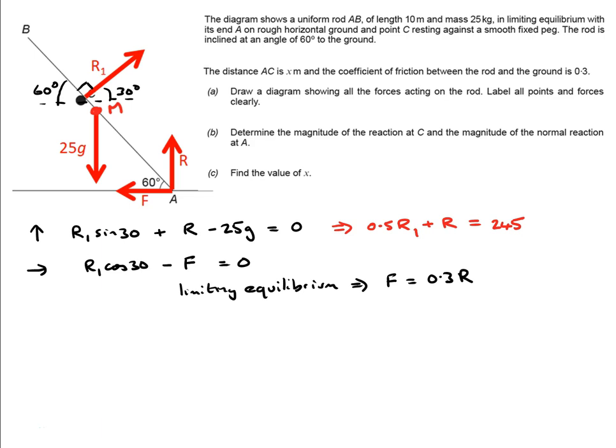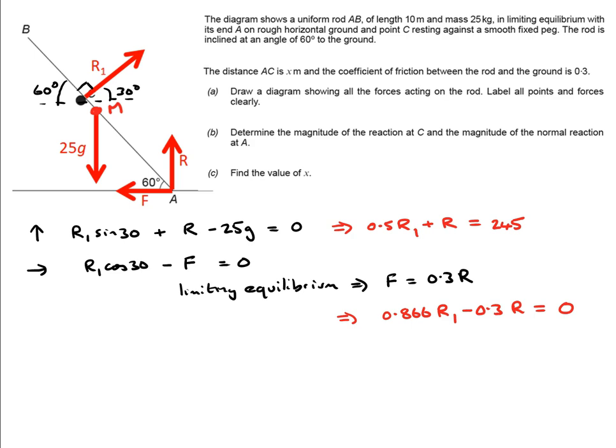So the equation that we've just written down from resolving horizontally can be rewritten as 0.866 times R1, take away 0.3 R is equal to 0.